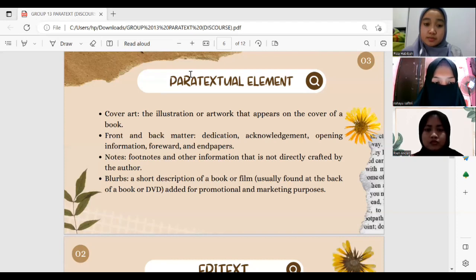And the last, blurbs are a short description of a book or film, usually found at the back of a book or DVD, added for promotional and marketing purposes.